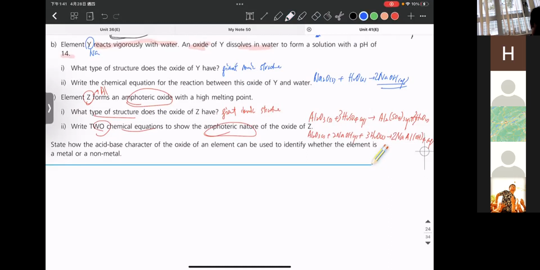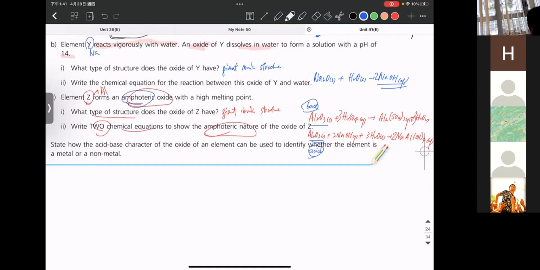Only by showing this, you may say that aluminium oxide is a base in the first equation. For the second one, it behaves as an acidic oxide. We've got a dual property, we call it amphoteric.